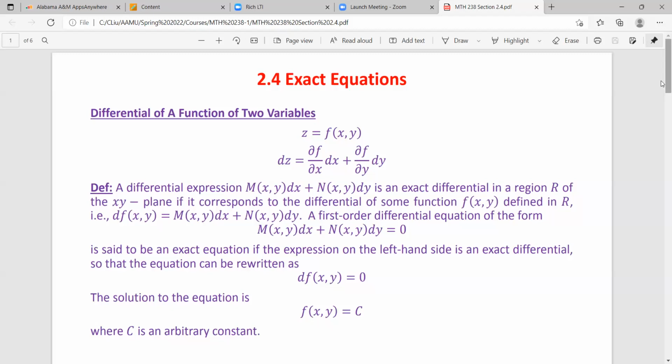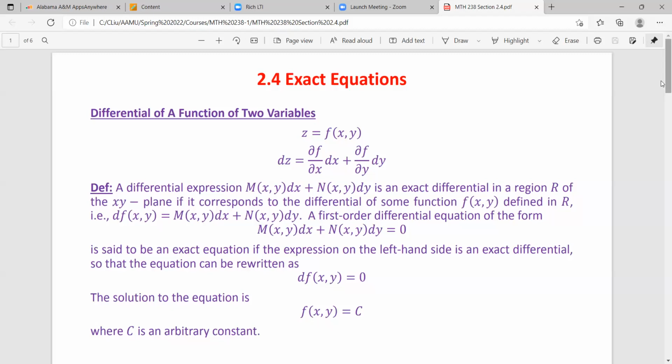Okay, then obviously f has to be a constant in that case. All right. If the differential of the function is 0, that means the function itself has to be constant, just like a derivative. All right. So then we can solve this differential equation as f of x, y equal to c, where c is an arbitrary constant.